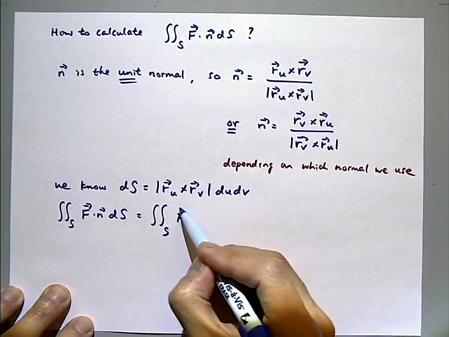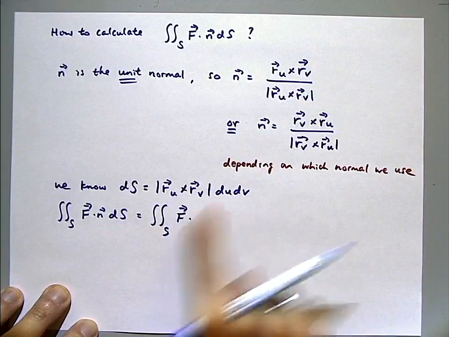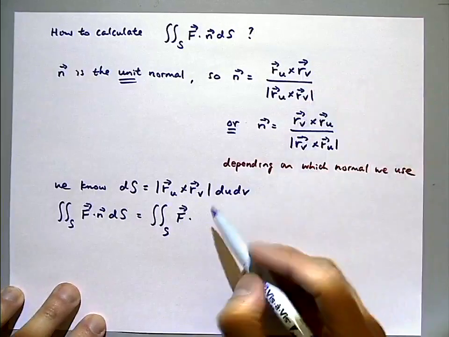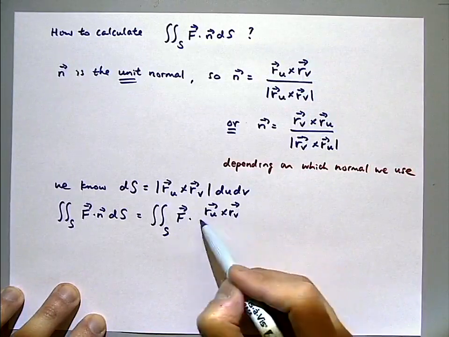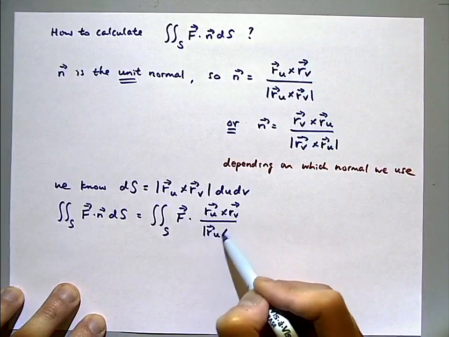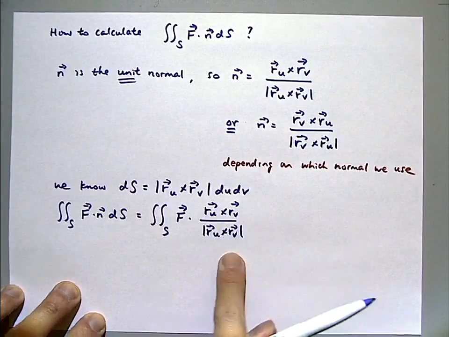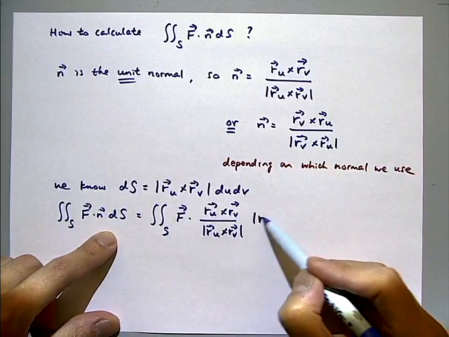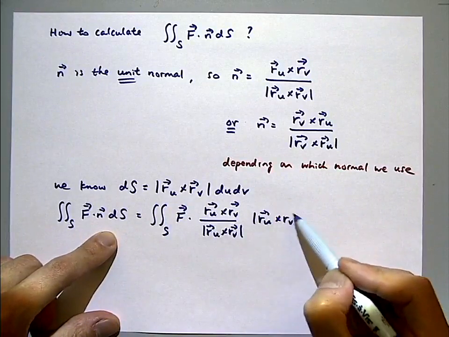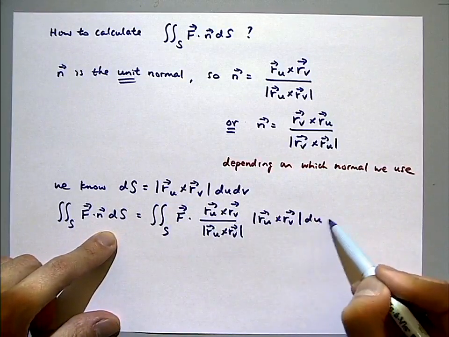F is whatever the vector field is, dotted with n. Right? So that's my n vector. And then ds from here, du dv.